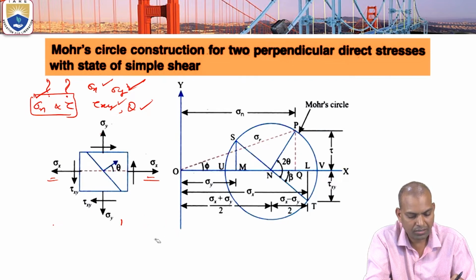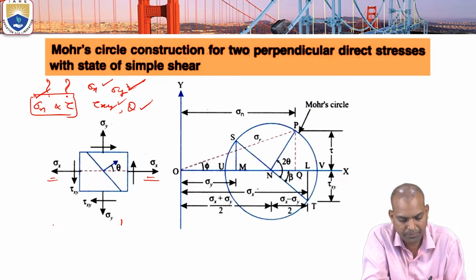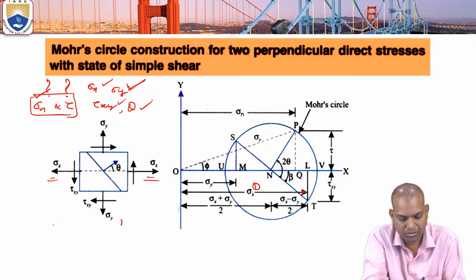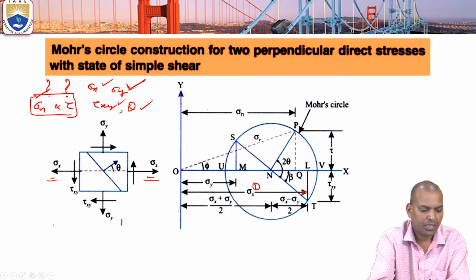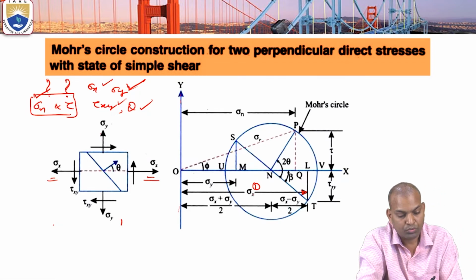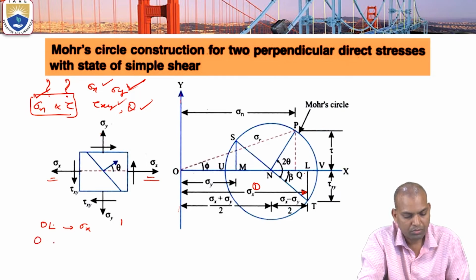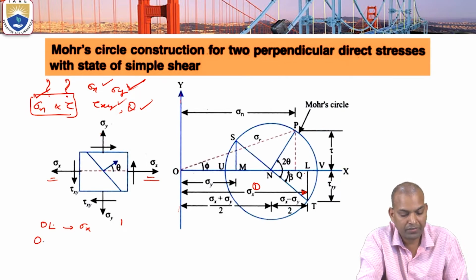With the required scale, draw the first step, sigma x. From any vertical line, take a distance towards the right equal to the sigma x value, that is from O to L. OL gives sigma x. Then from O, take a distance of the sigma y value, that is OM. Draw the line OM.